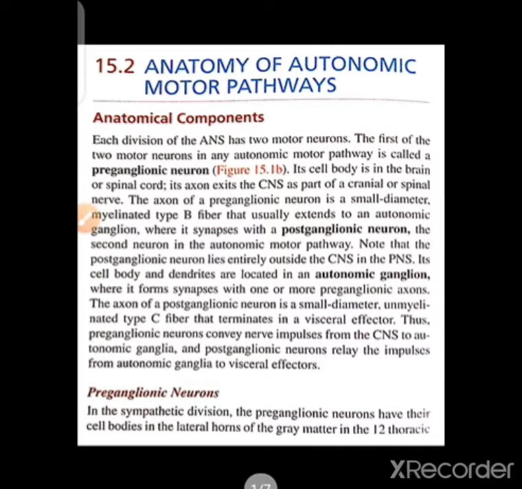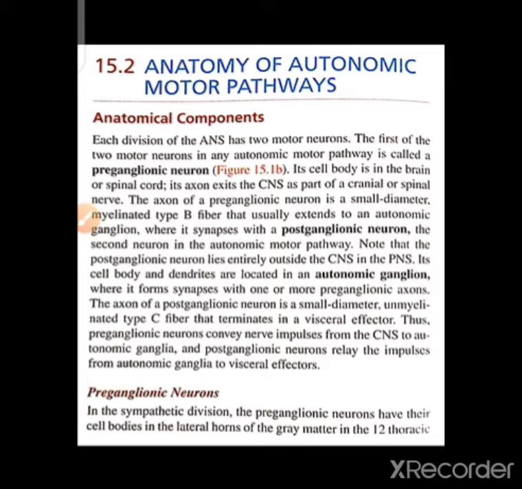The postganglionic neuron lies entirely outside the central nervous system, in the peripheral nervous system.